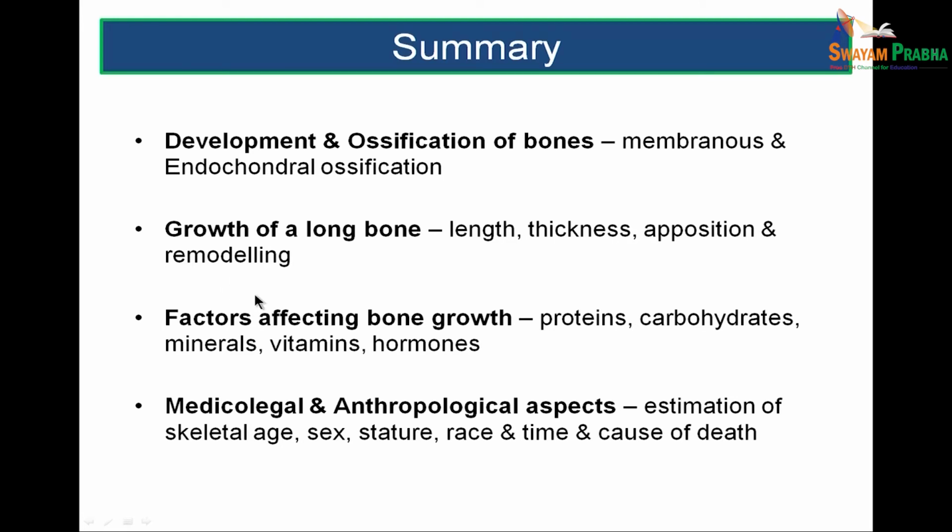Factors affecting bone growth include carbohydrates, proteins, minerals, vitamins and hormonal balances. We have also covered medico-legal and anthropological aspects of the importance of bones, estimation of skeletal age, sex, stature, race as well as the time and cause of death.